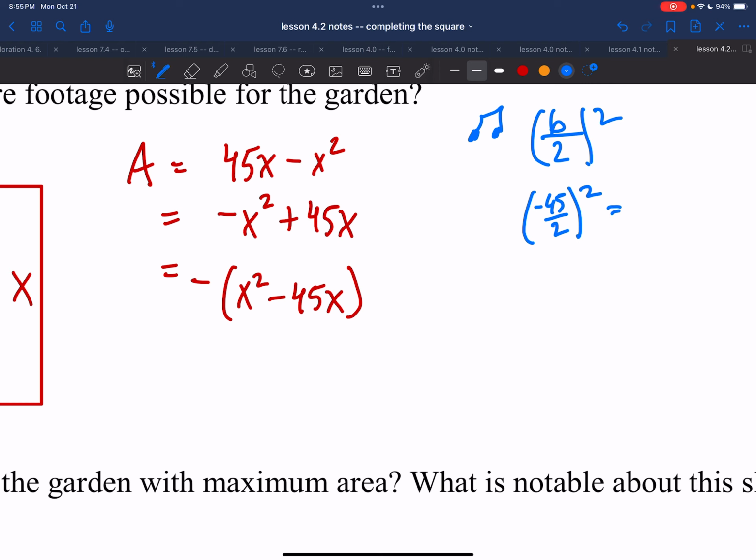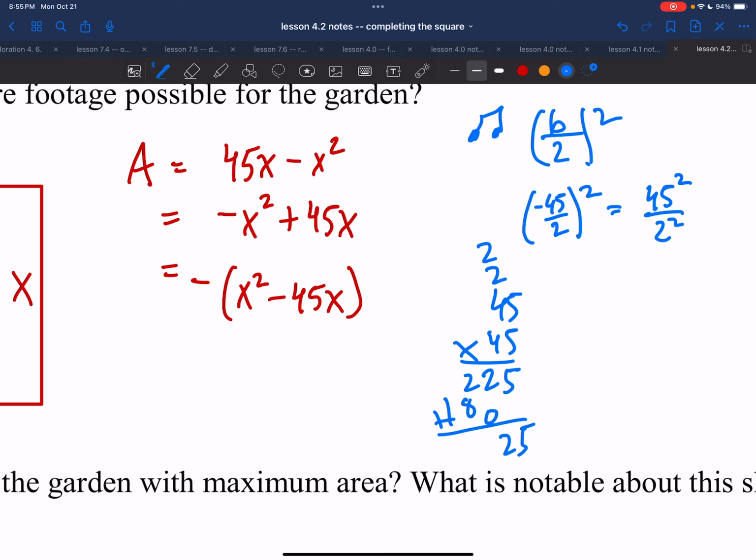So negative 45 times negative 45, that's just 45 squared, and 2 squared is 4. But I need to know 45 times itself, so let's just do that multiplication.